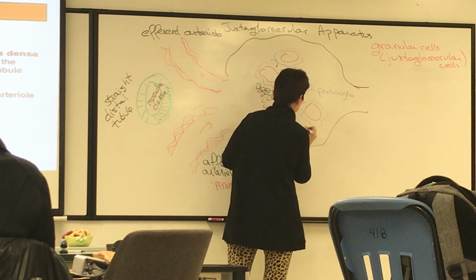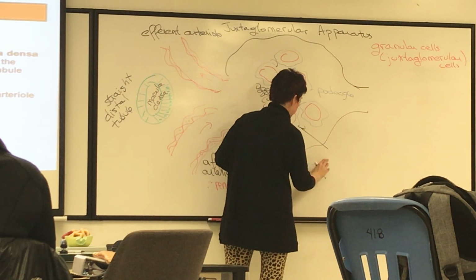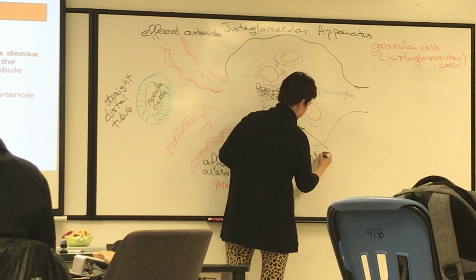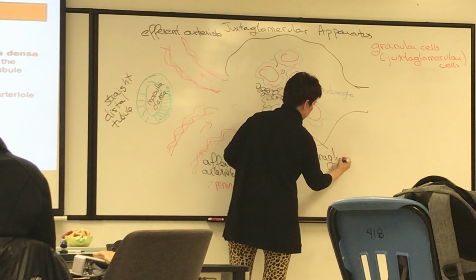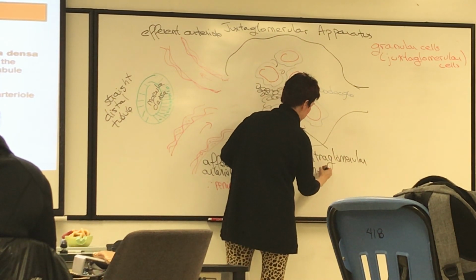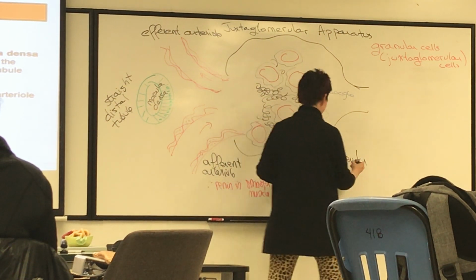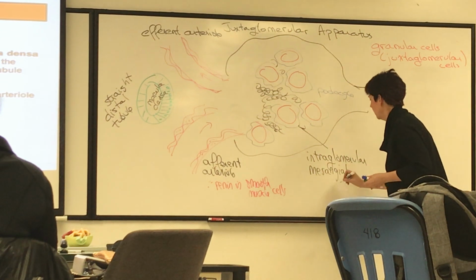And these cells are called intraglomerular mesangial cells. Is that another word for mesenchyme? Mesangial, no, well, it means tissue.